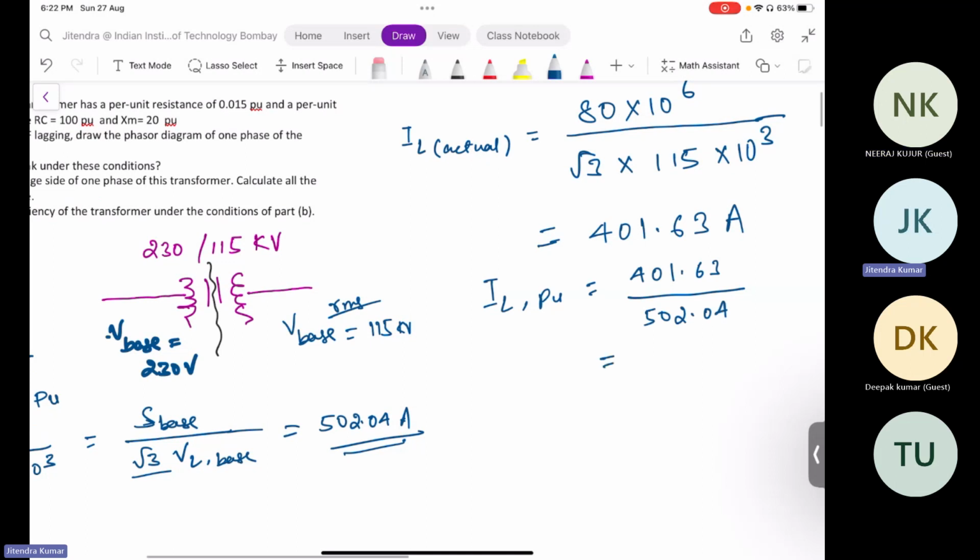So it is 0.799, which we can call 0.8 per unit.